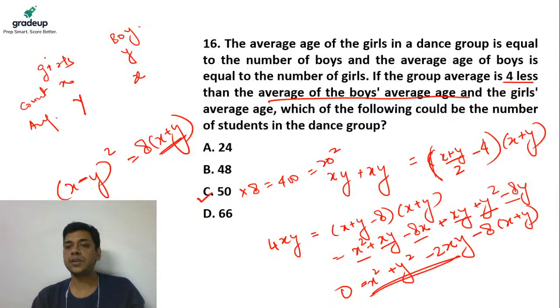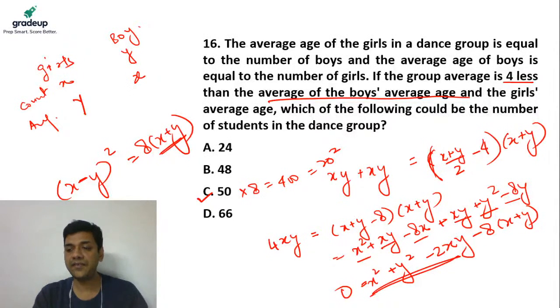So Manoj, frankly speaking, in this question, the number of boys and the number of girls cannot be equal. Reason being, if the number of boys and girls are equal, then the average of averages will not be four less than the average age of boys and average age of girls.